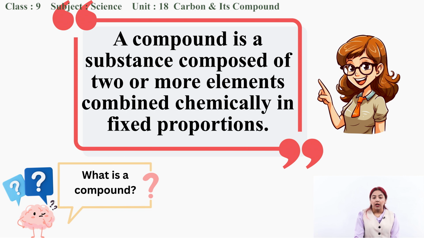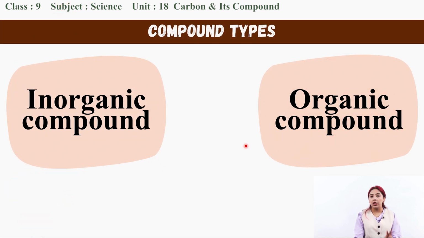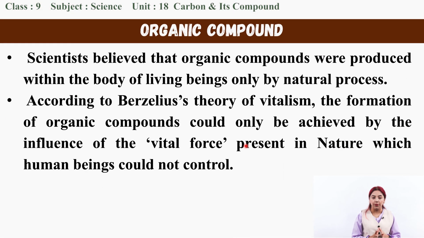Now, compounds are usually of two types: inorganic compounds and organic compounds. Now, let us start this class by studying a little about organic compounds. Previously, many years ago, scientists used to believe that organic compounds were only produced within the body of living beings by natural processes.